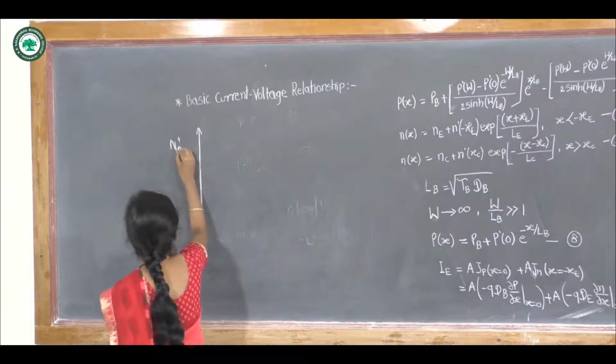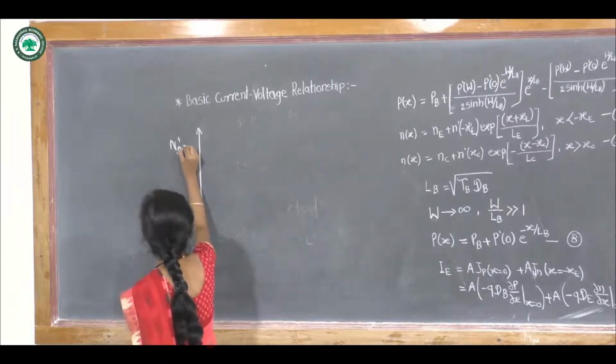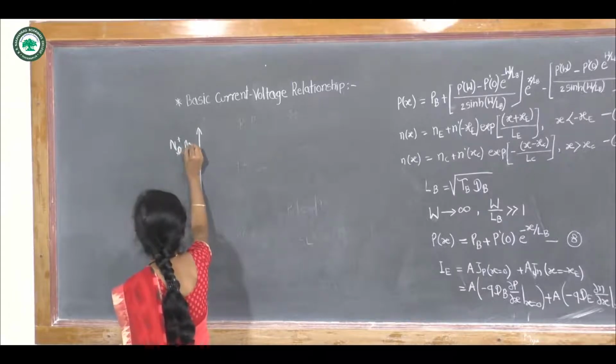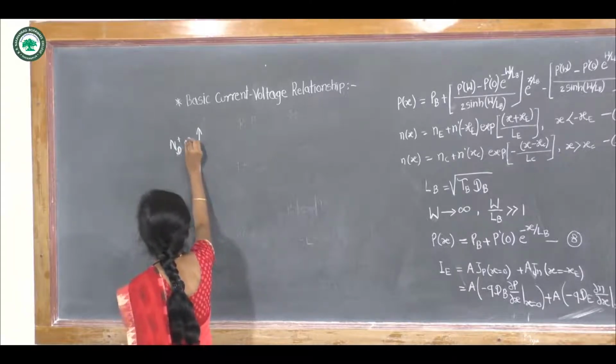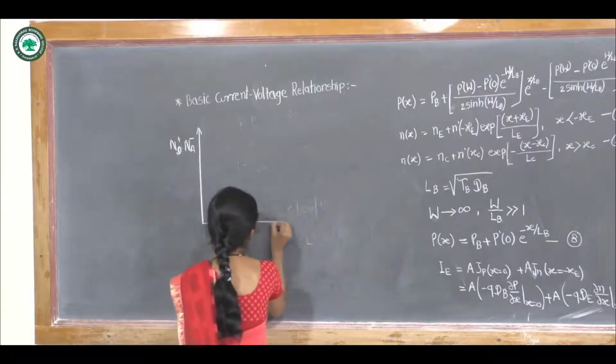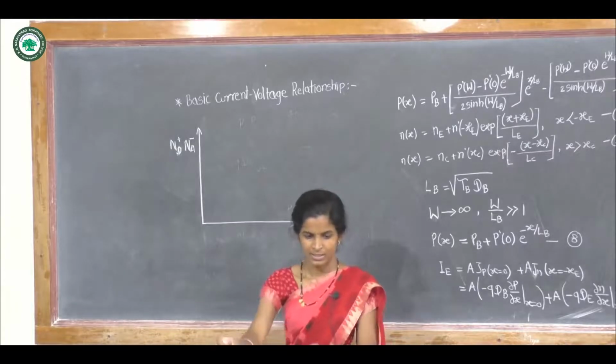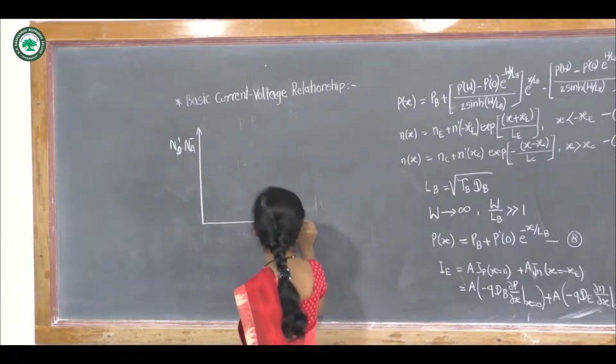This is the donor density, given by Nd plus, and Na minus is the acceptor density. On the y-axis the density is plotted, and on the x-axis the distance is plotted.